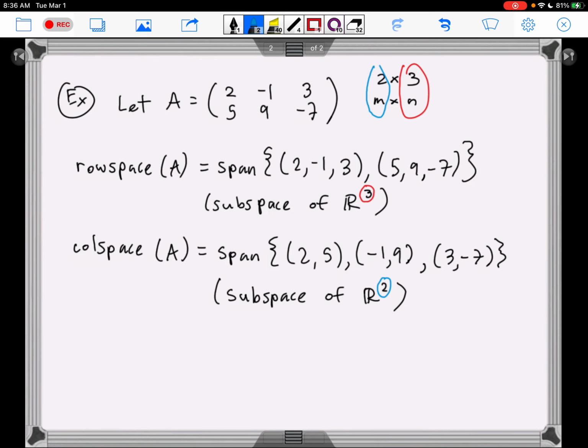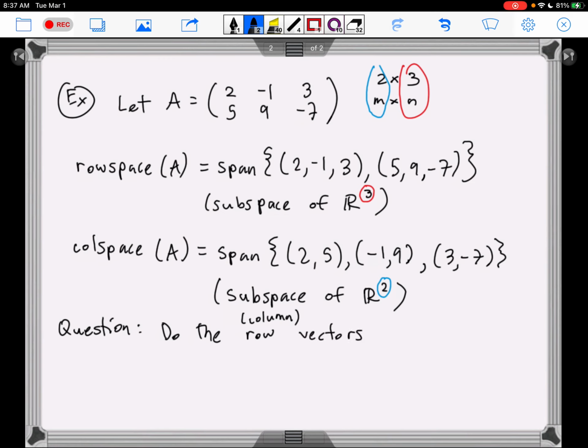So this arises, we can ask a natural question here. Question. Do the row, and we can ask the same question with column, so I'll put it in parentheses above it.